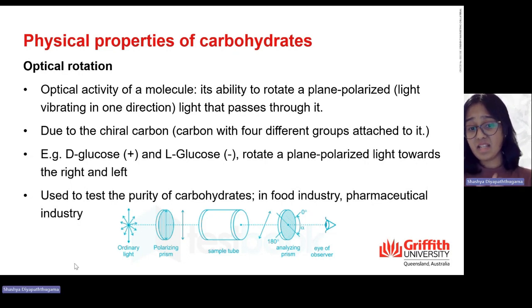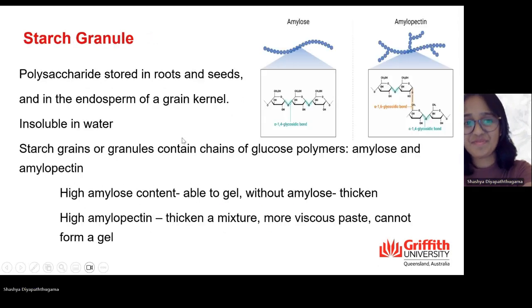And if we pass this light through a sample which contains sugar, this changes the direction of rotation. With that, we can identify the type of the carbohydrate, the purity of the carbohydrate, and also the concentration. So this is used in food industry and pharmaceutical industry.